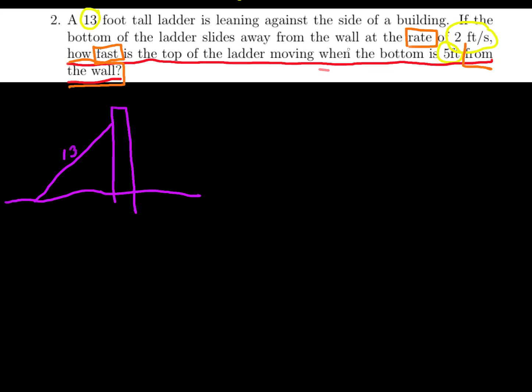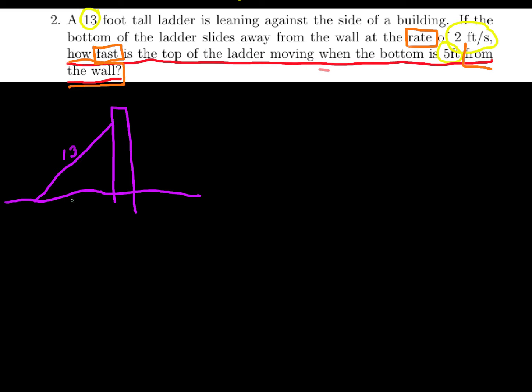If the bottom of the ladder slides away, we know that something is changing at a rate of 2 feet per second. And so we're going to have to decide to introduce some variables here. So since we want to talk about the distance of the ladder from the base of the wall, that's going to be something that varies.